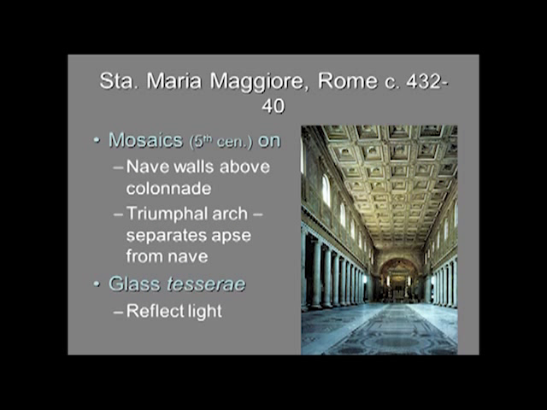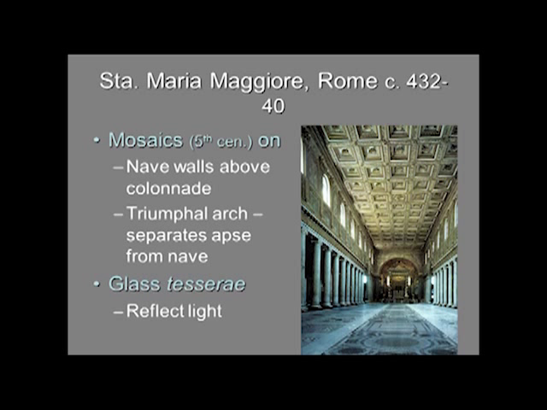There are two groups of 5th century glass mosaics in Santa Maria Maggiore. They differ in style and in subject. The first group we're going to look at are Old Testament narrative scenes, which are on the nave wall above the colonnade.